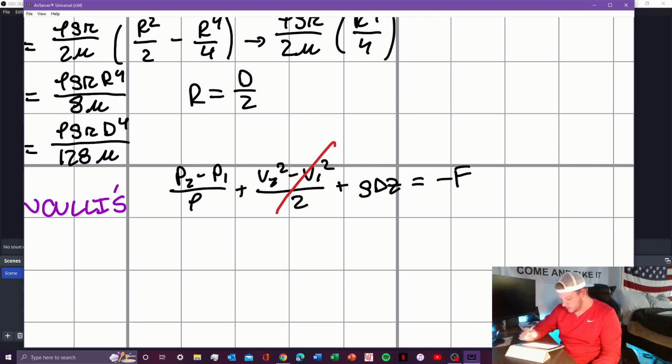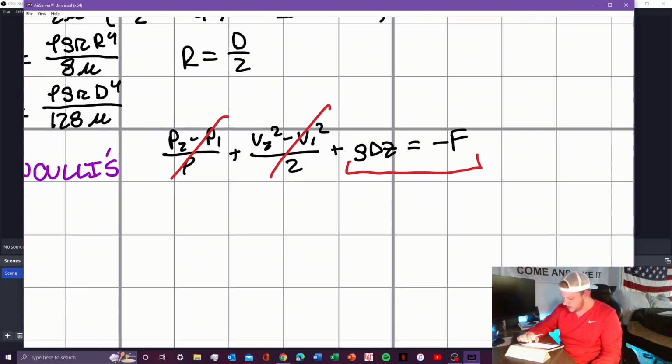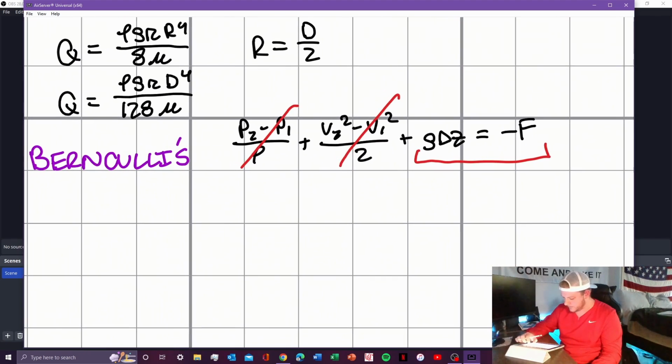Velocity doesn't change, and the pressure doesn't change. So the only thing that we need to take into account here is these factors: frictional heating constant, gravity times the height.